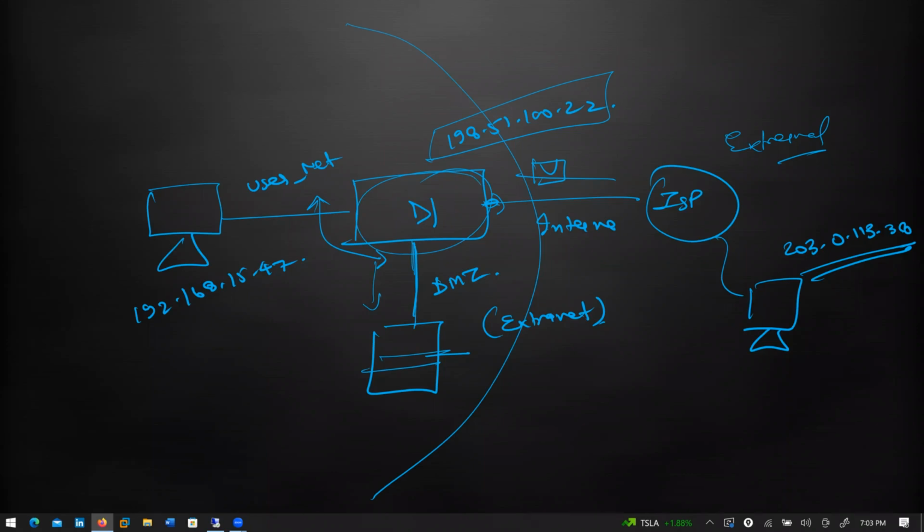The common scenario I have seen at enterprise level is that this DMZ server may not be a web application, because most organizations are not publishing any service.